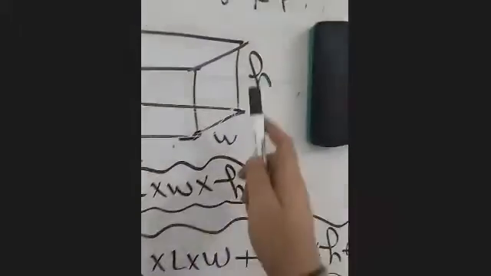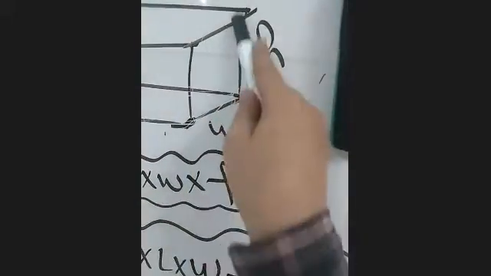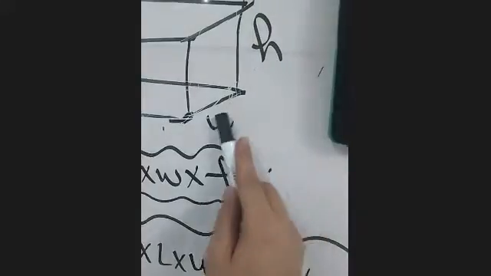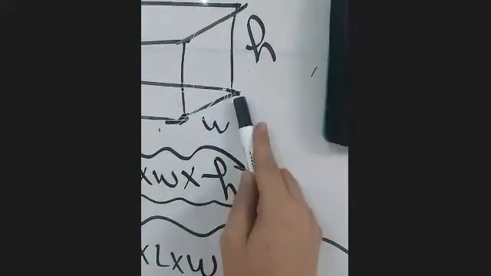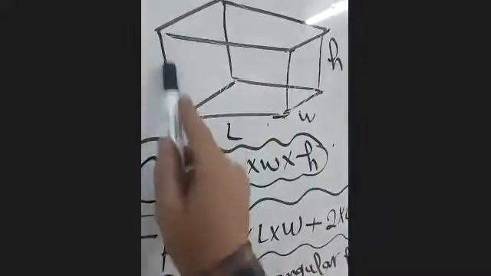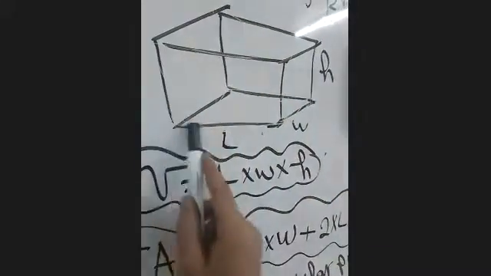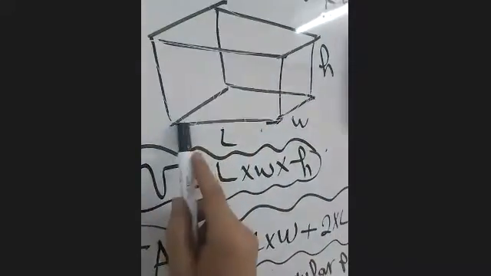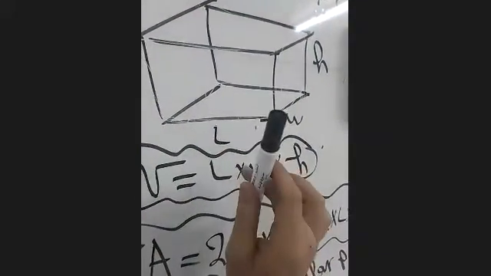Okay. What's the area here? This face, what's the area of it? This width face, width by height. Same as the face on the other side. That's why I write by 2. Right? Here, what's the area of this face? See this one? It has length L. Focus.